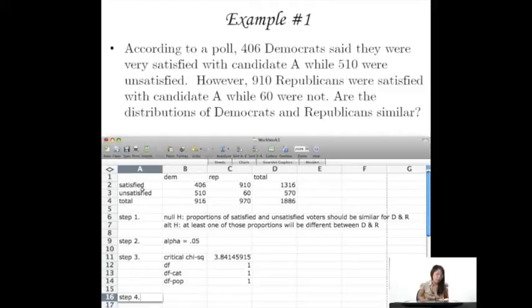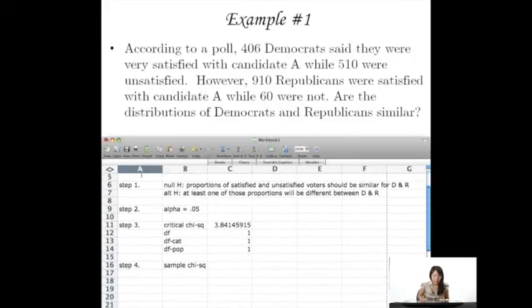So step 4 looks something like this. In order to find our sample chi-square, what we need to do first is find our expected values. So here we have observed frequency, right? What we need to do is find expected frequency.